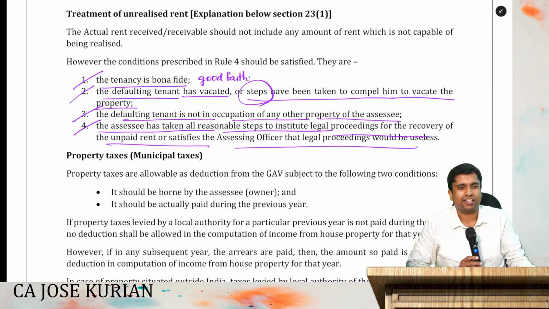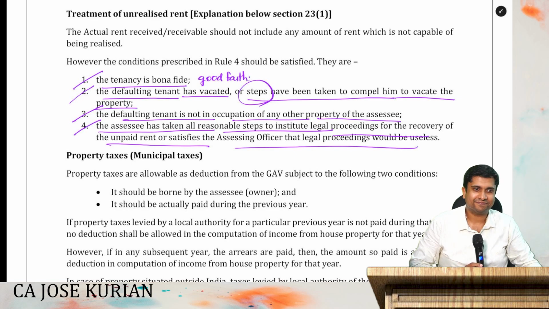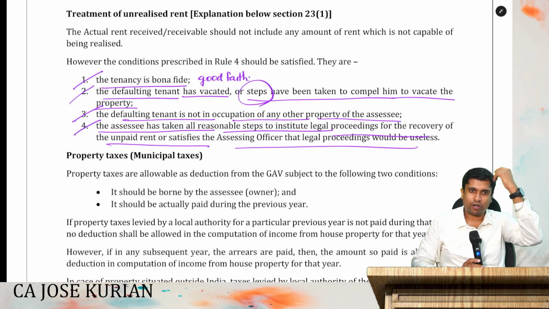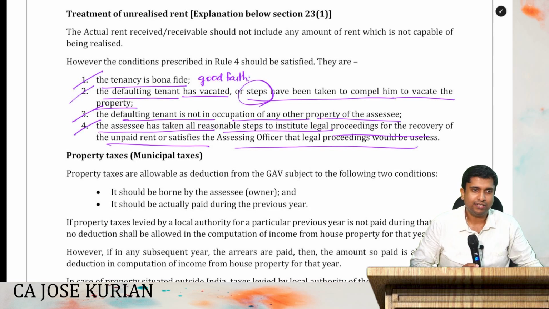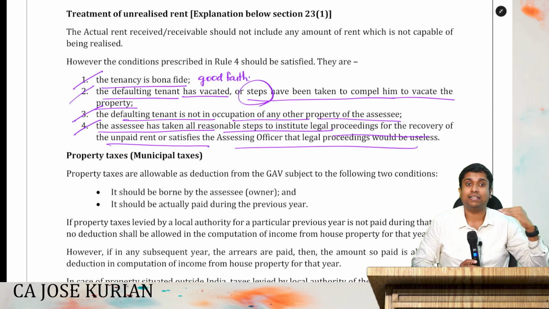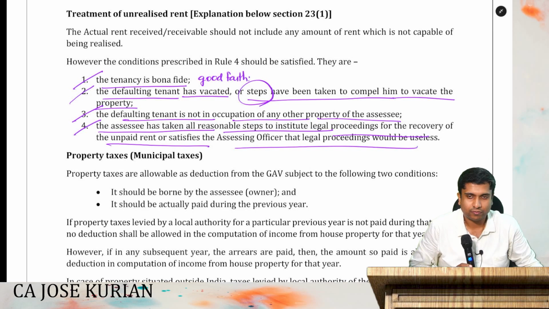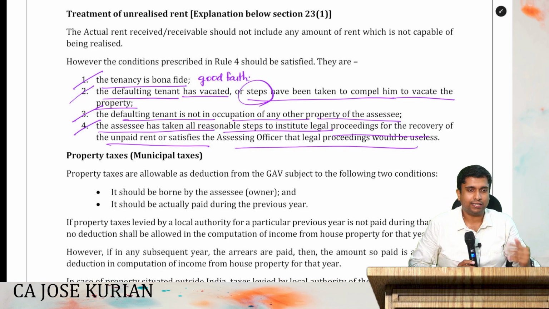What do you mean by legal proceedings is useless? Say, your tenant was a terrorist. All right. He was already caught by the government. Our police department already took him over, and the court has sentenced a death penalty to him. So, the court has already sentenced death, hang until death.